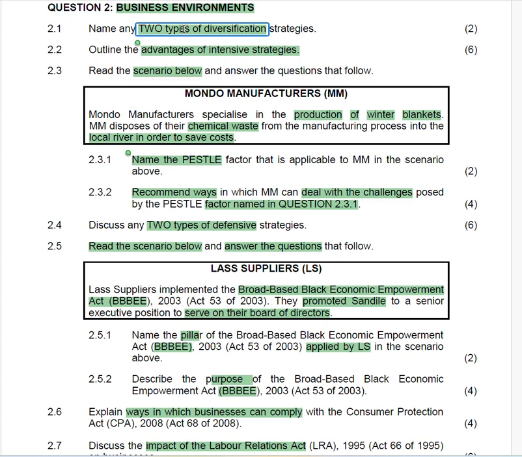Then the last one, which is the second one, is preferential procurement. This element measures the extent to which companies procure goods and services from Black-owned businesses and promote local suppliers. So preferential procurement is when the suppliers rank the people that have applied for the tender.